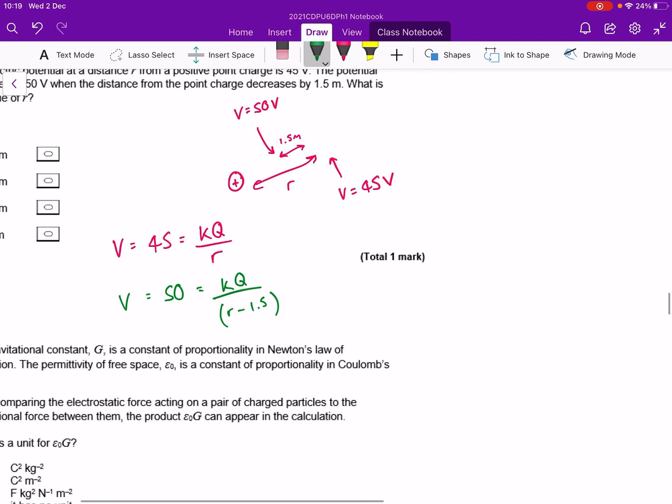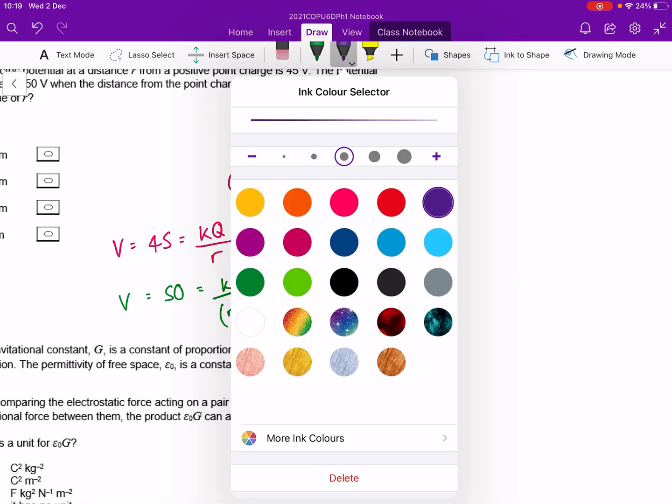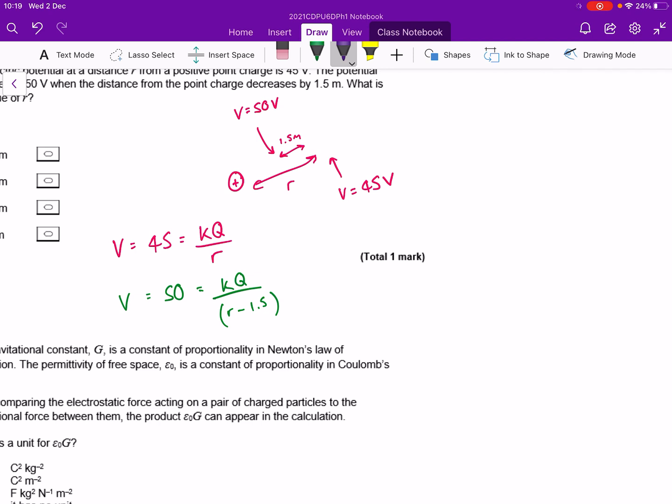So from those, I can combine those two equations together. Given that KQ is a constant, in this case, KQ is going to equal 45r, which is going to equal 50 into r minus 1.5.